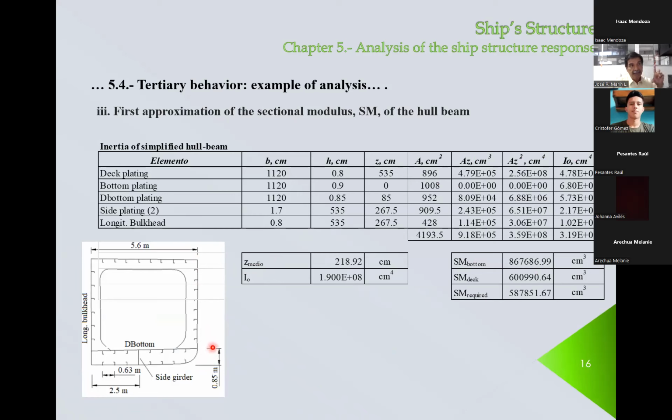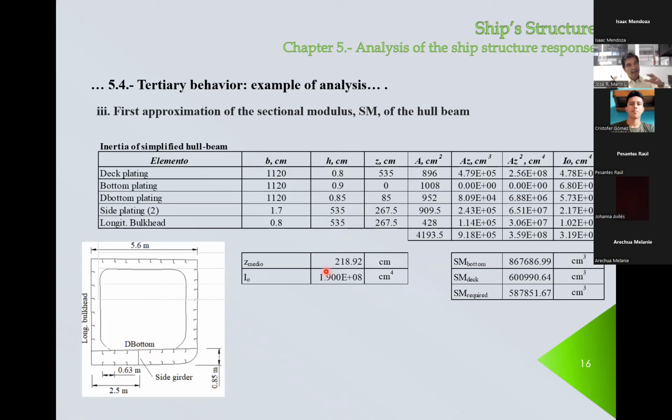Half of that is 2.6 or something like that. So this is less than that, meaning that here I have bottom and double bottom. So we can expect to have the neutral axis below that. If we have 5 point something, half of that is going to be 2.6, we should expect this number to be below that.